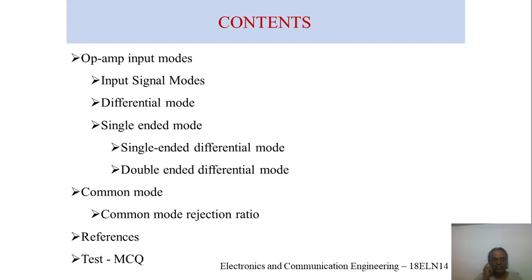The first topic is the introduction to the operational amplifier, then the operational amplifier input modes, and op-amp parameters, to name a few: CMRR, that is common mode rejection ratio, input offset voltage, input offset current, input bias current, input and output impedances, slew rate, gain bandwidth product, and so on.